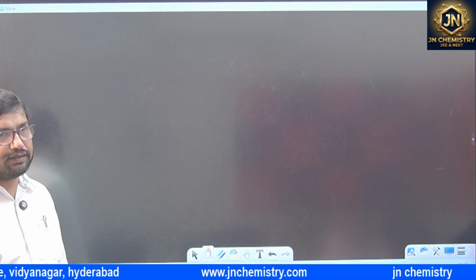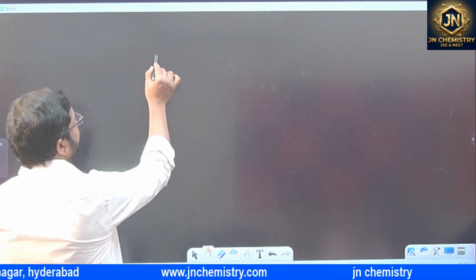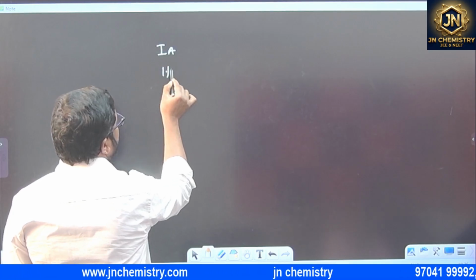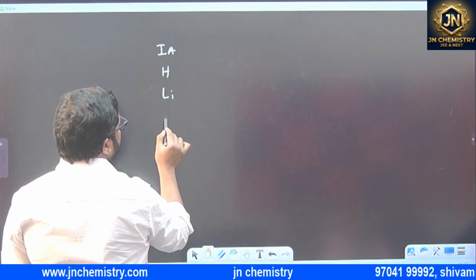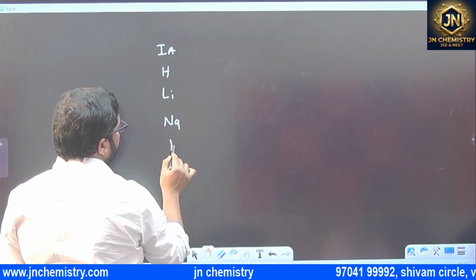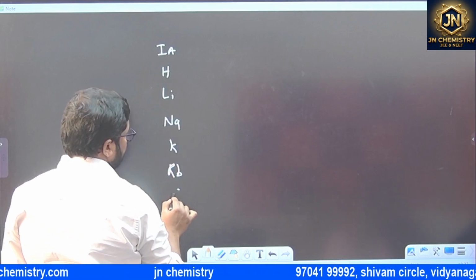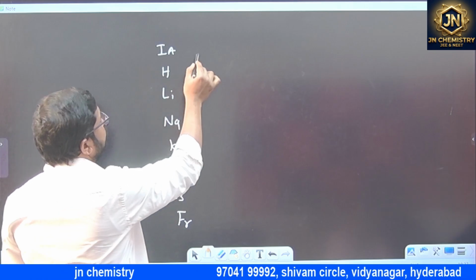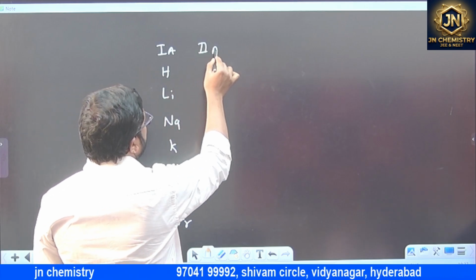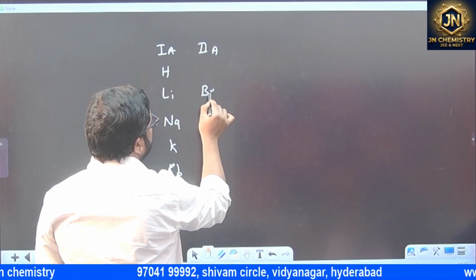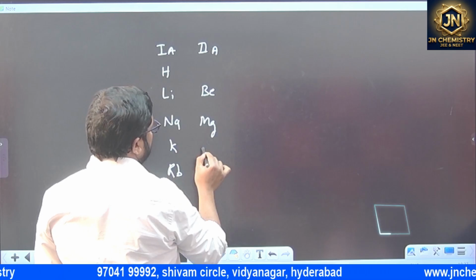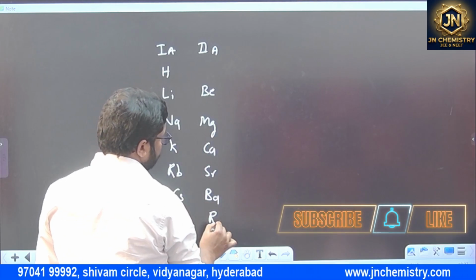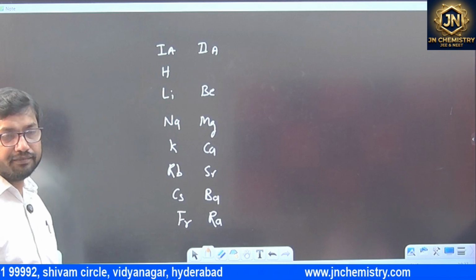First A group elements: hydrogen, of course, then lithium, sodium, potassium, rubidium, cesium, francium. Write it down. Second A group elements: beryllium, magnesium, calcium, strontium, barium, radium.